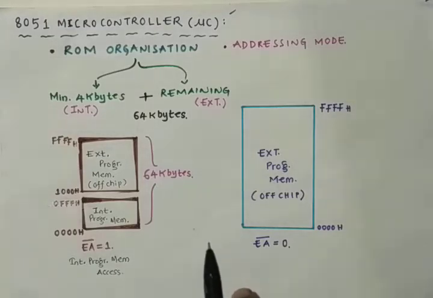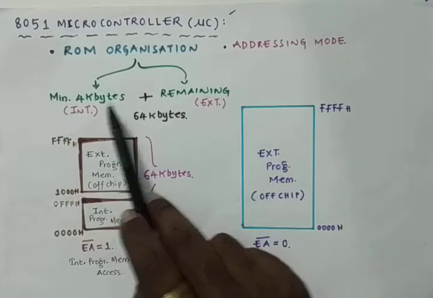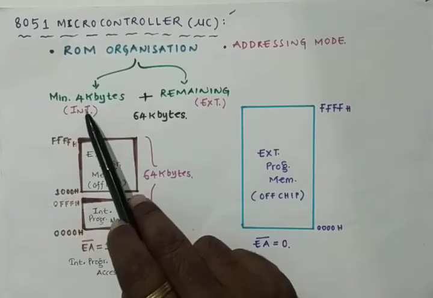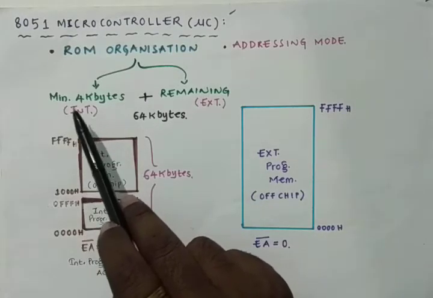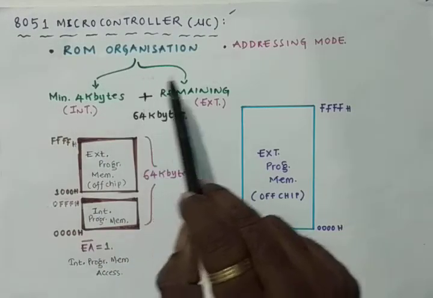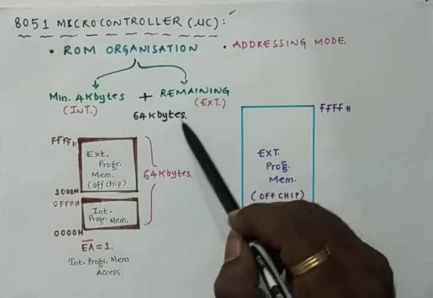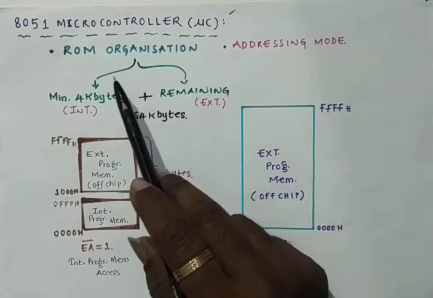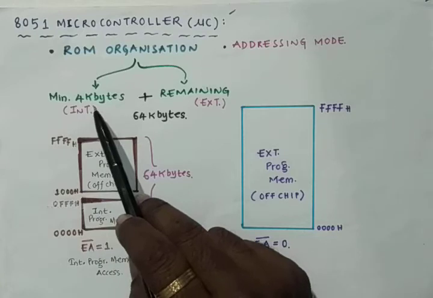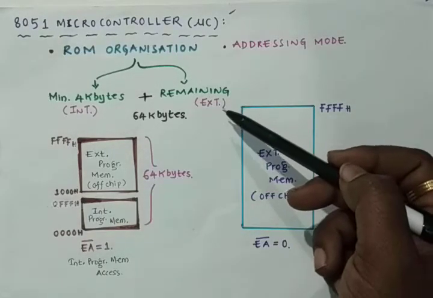We can divide this ROM into two parts. One is internal memory, another is external memory. The minimum internal memory is about 4 kilobytes, and the remaining 60 kilobytes is external memory. The total memory is 64 kilobytes, in which a minimum of 4 kilobytes is internal and the remaining is external read-only memory.